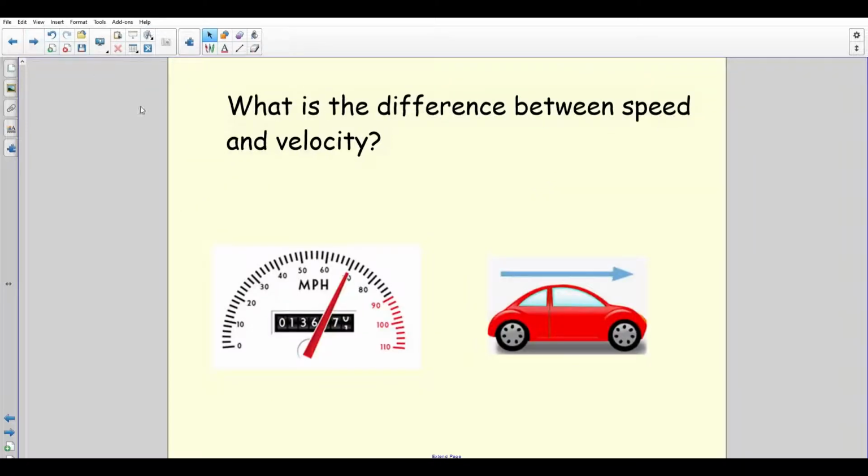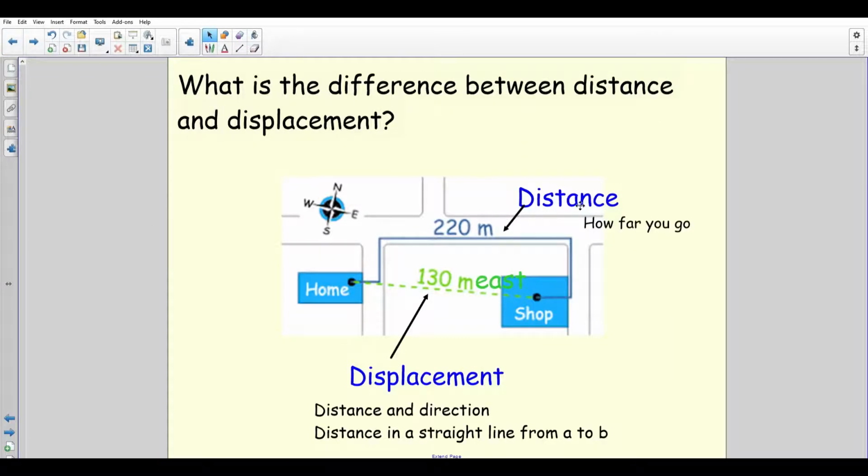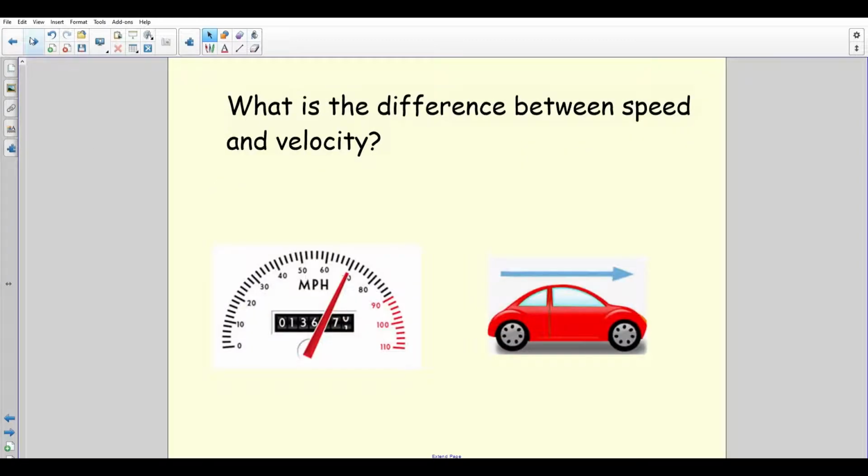Right, moving on. So the difference between speed and velocity. So this comes on to thinking about back to scalar and vector quantities. We've just talked about scalar and vector quantities actually, because distance is just how far you go. That's not got a direction, whereas displacement has, and that's the difference between a scalar and a vector quantity. So speed in this case is scalar.